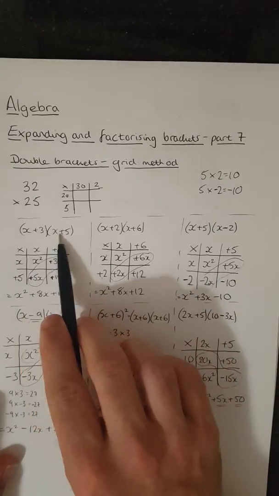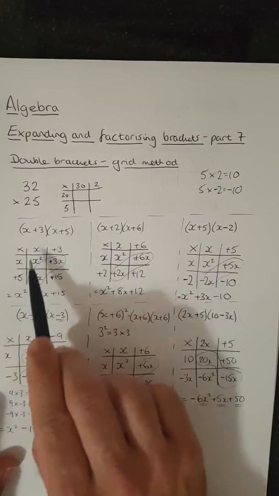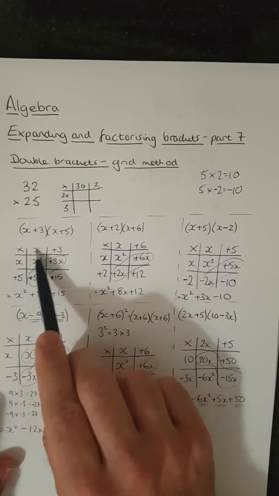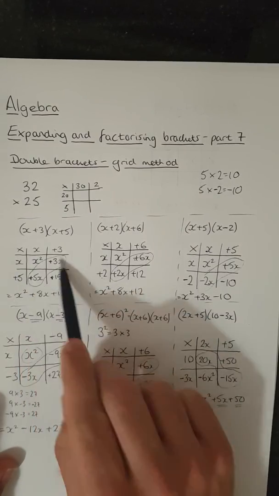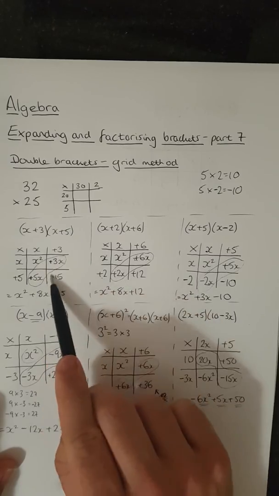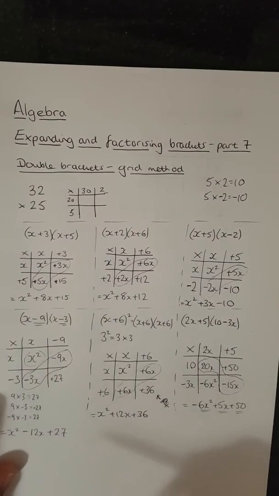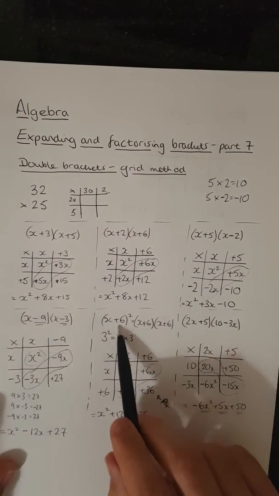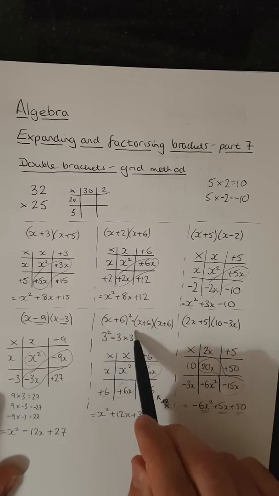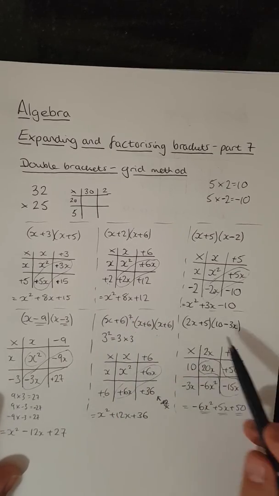So, 2 terms in 2 brackets, split them along the side, multiply those pairs together, then add the 4 bits. Some of those 4 bits will combine and simplify. Watch out for squared, because it means the same bracket multiplied together twice.